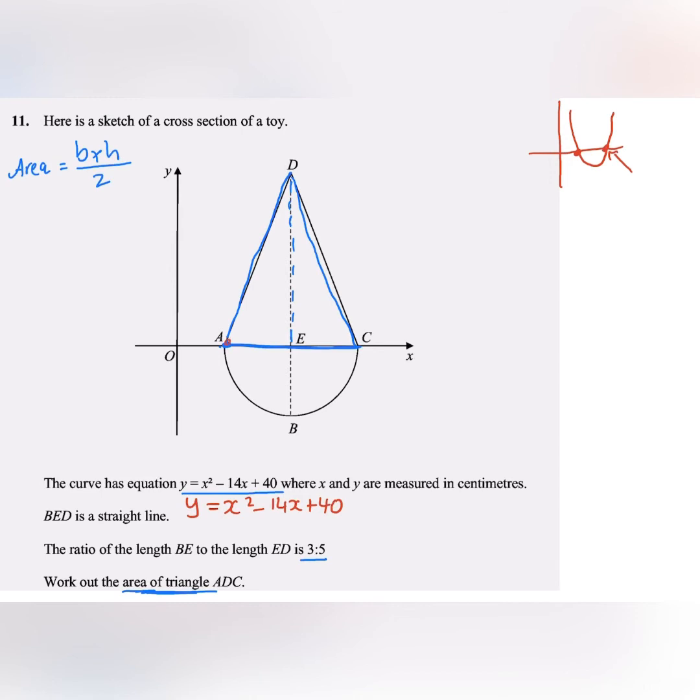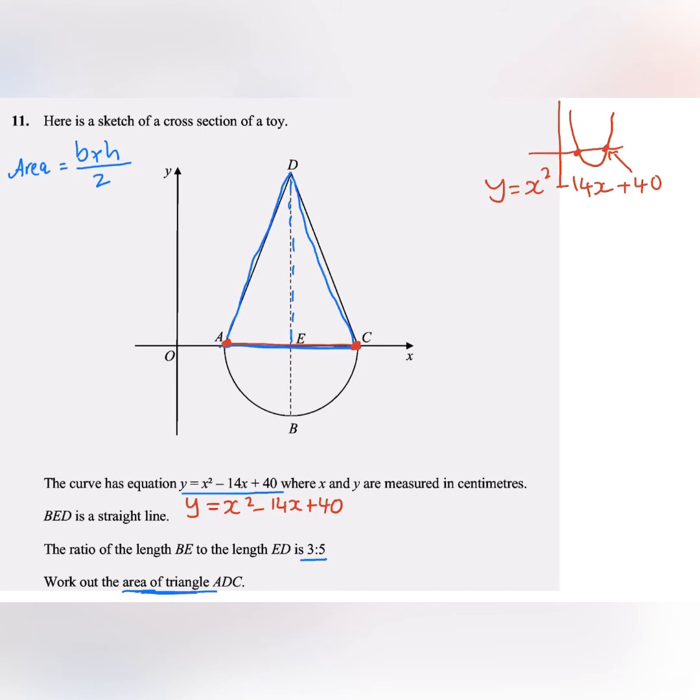So to find the length of A to C, I would need to factorize y equals x squared minus 14x plus 40. That will give me the x coordinate at C and x coordinate at A, and that would be the length of the base of the triangle.